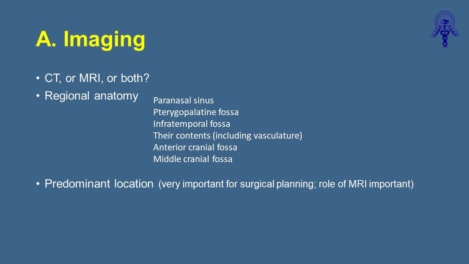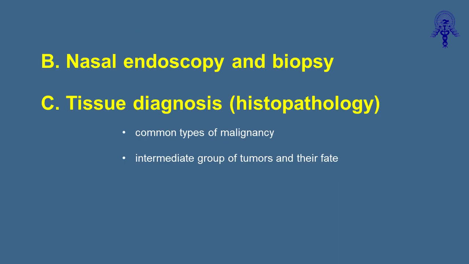And ultimately all this will culminate into what we see as a predominant location. It is very important for surgical planning, and here the role of MRI is important. তারপর you will go for a nasal endoscopy and biopsy, okay.